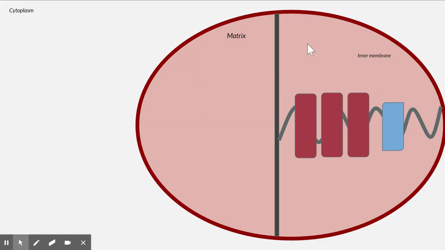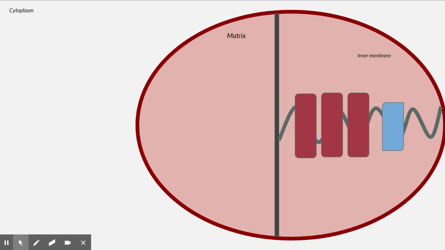Now let's go ahead into the drawing we're going to be making today. So I want you to just sit back and listen to this once, and then after you listen to it once, you'll have the chance to draw it out on your page. What we have here, in all the gray space, is the cytoplasm. The red oval is representing the mitochondria.